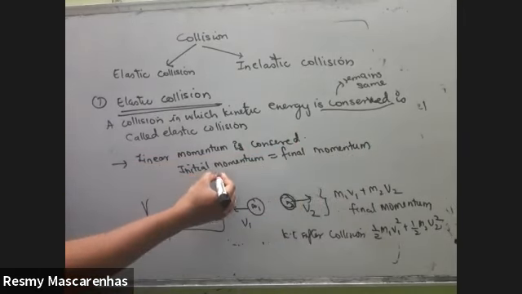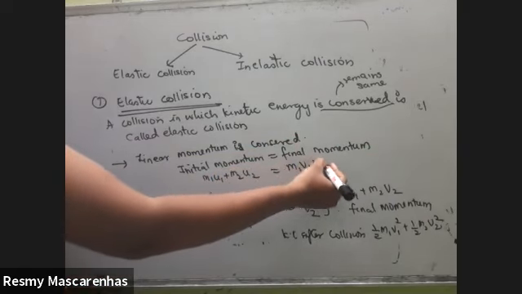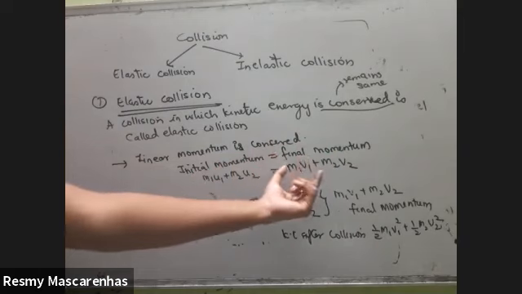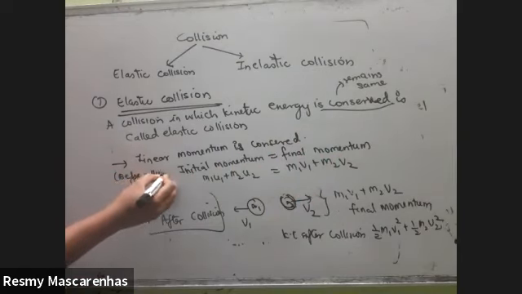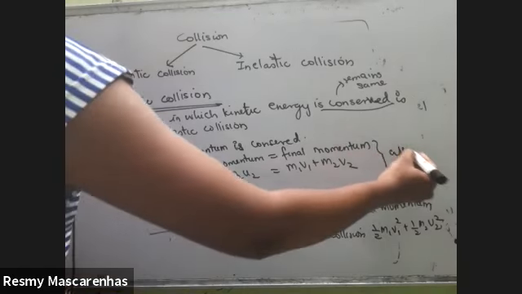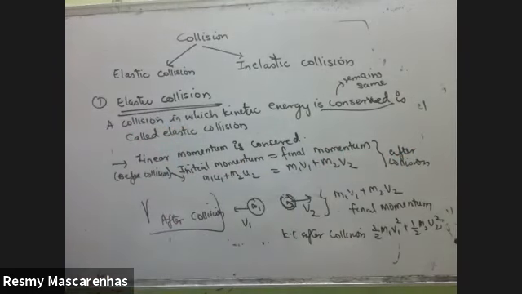As per that, m1 u1 plus m2 u2 equals m1 v1 plus m2 v2. The sum of the initial momentums is always equal to the sum of the final momentums. This part is before collision and this part is after collision. So this is the first point for elastic collision.